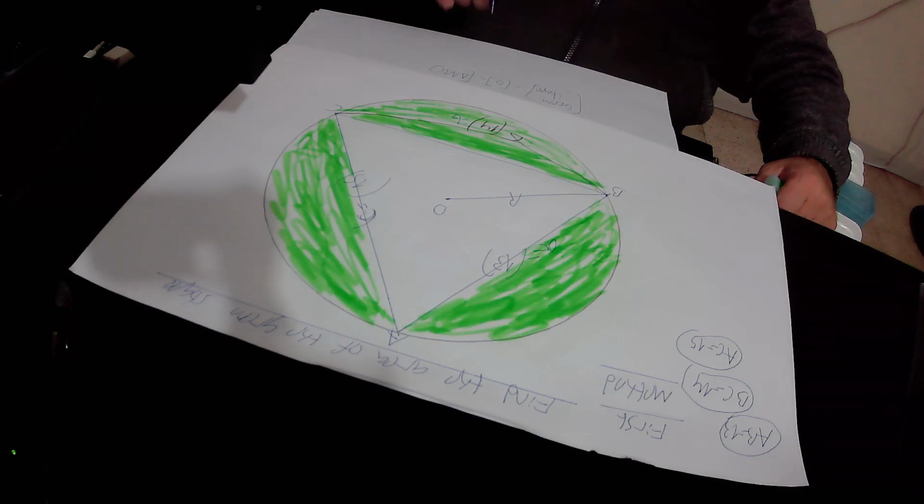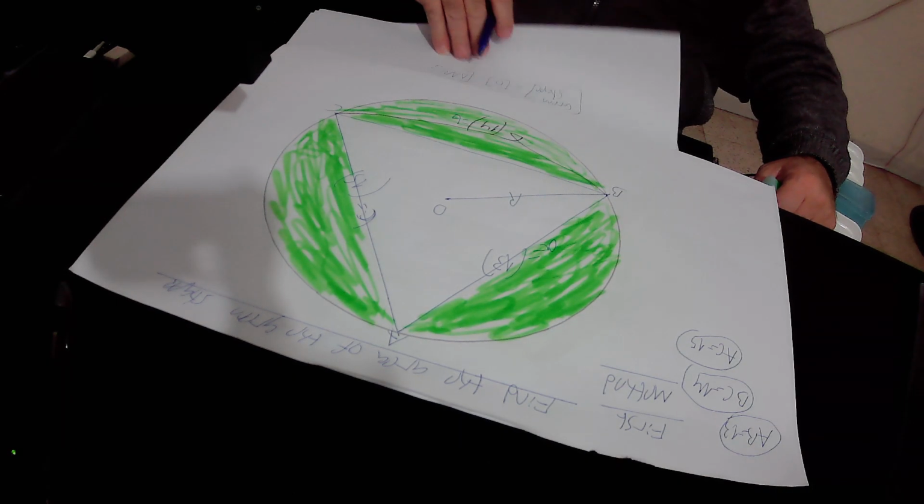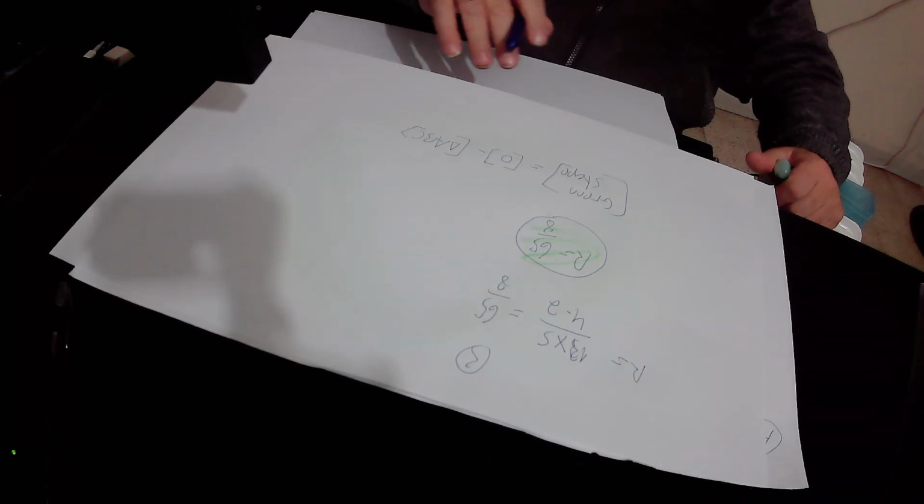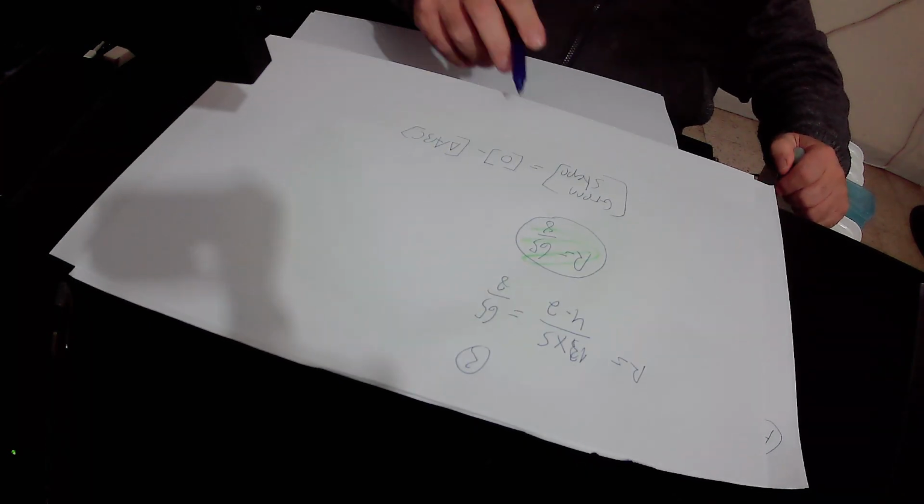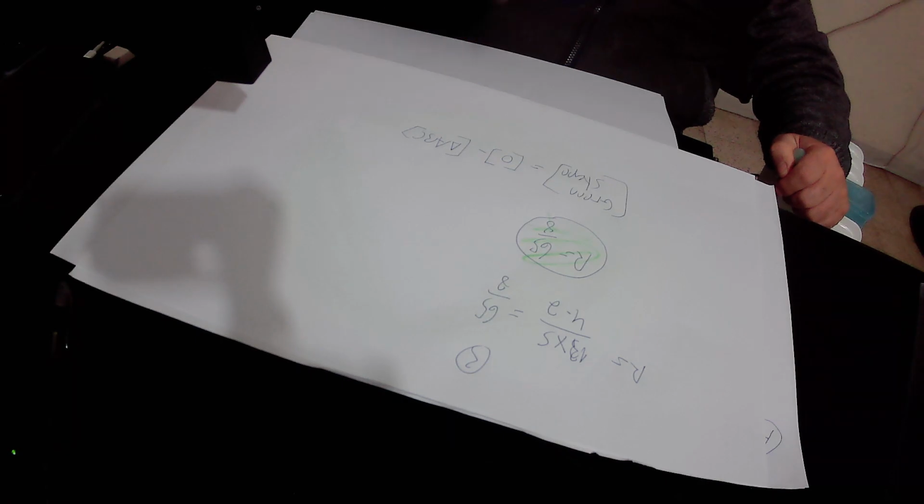Repeat again, the area of this green shape, it is very easy to see that the area of the green shape equals the area of the circle minus the area of triangle ABC.